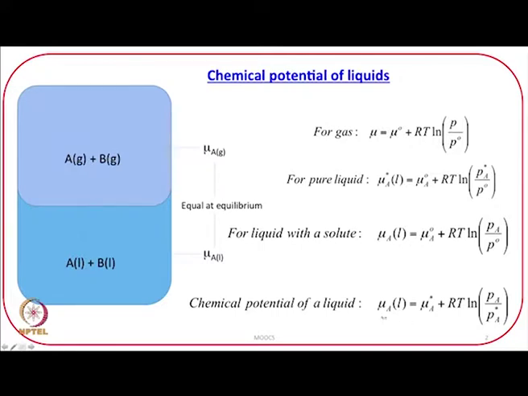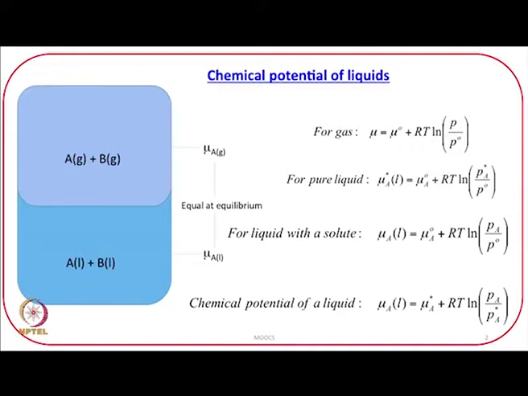Here, mu A star for that liquid is the chemical potential of the liquid A when it is in its pure form, and mu A L is the chemical potential of A when it is in the presence of another solute.